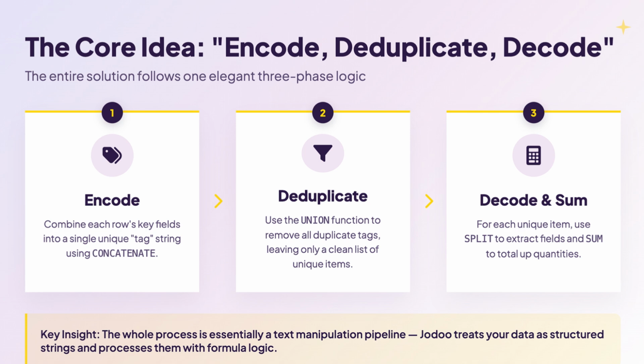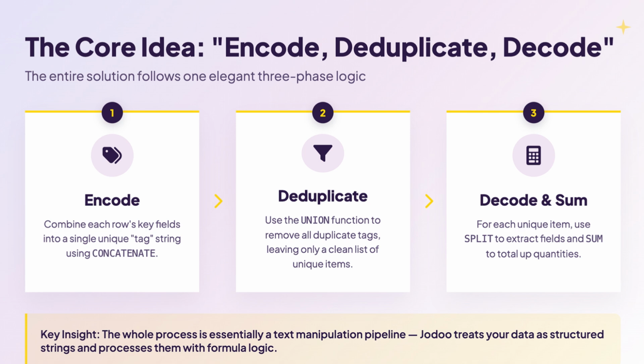Next, using the union function, Jodoo removes repeated tags and keeps only a clean list of unique items. This step ensures that each product appears only once in the summary. Finally, we use split to extract the original fields from the text string and then use sum to calculate the total quantity. The whole process works like a text processing pipeline. Jodoo treats your data as structured strings and processes them with formula logic.